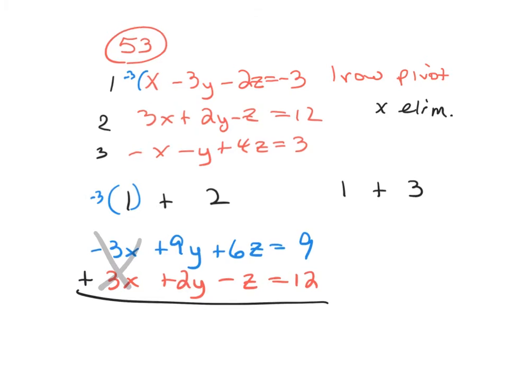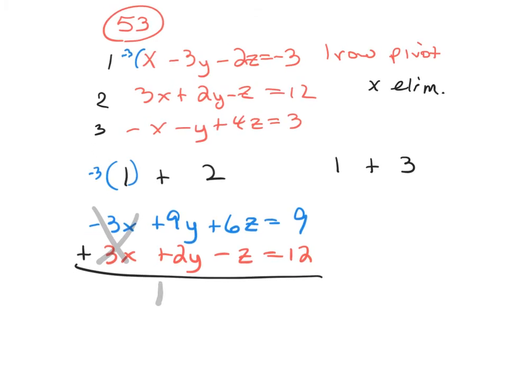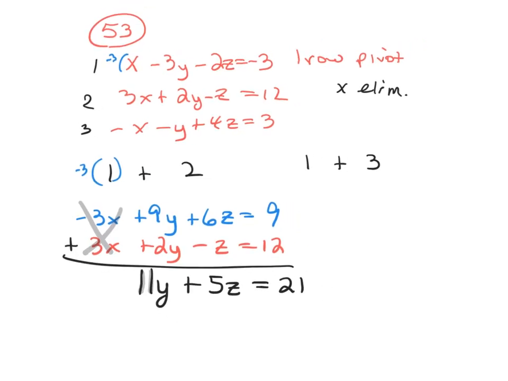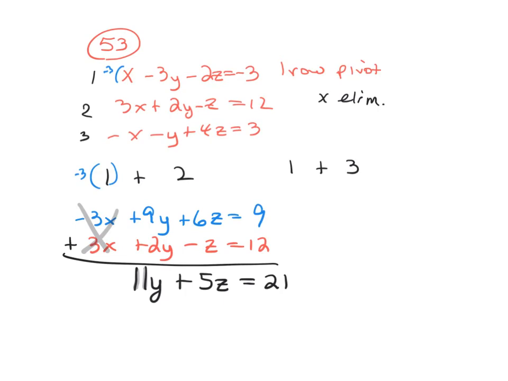I'm going to add the two equations. X cancels. I'm left with 11y plus 5z equals 21. Now I'm going to add 1 and 3.